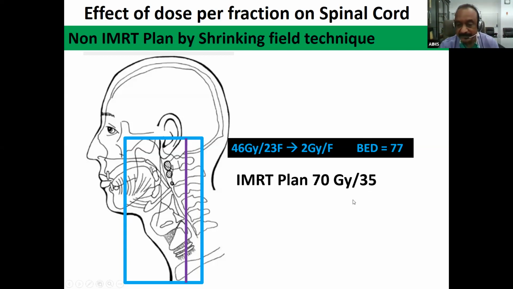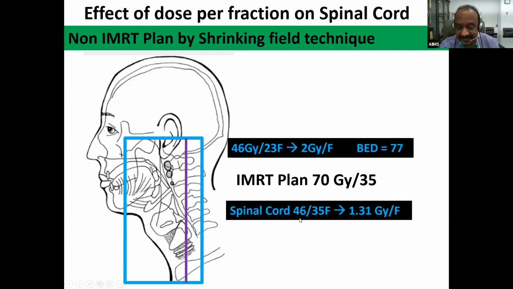So you generate a single plan and put a constraint of 46 gray to the spinal cord. But remember that now you have to deliver this 46 gray in 35 fractions, which means the dose per fraction is reduced from 2 gray per fraction to 1.31 gray per fraction.